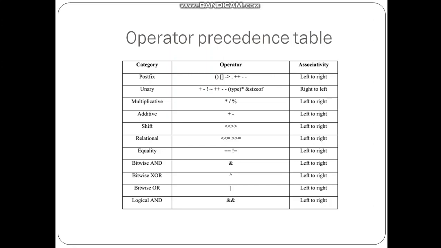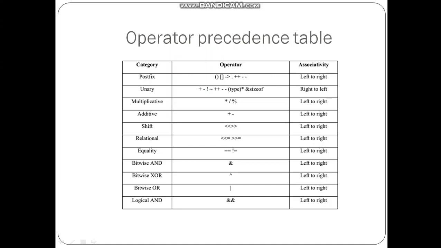If you see the postfix, all these operators have the same precedence: the brackets, then plus plus, minus minus. For those you will evaluate from left to right if all of them come in the same expression. Similarly for unary it is right to left, so the associativity is mentioned here.